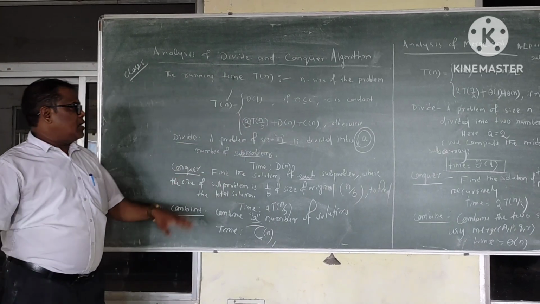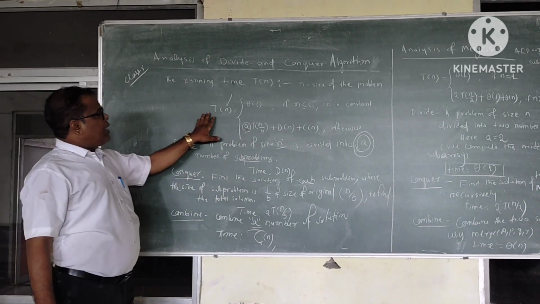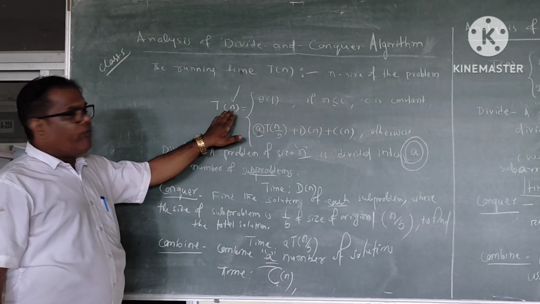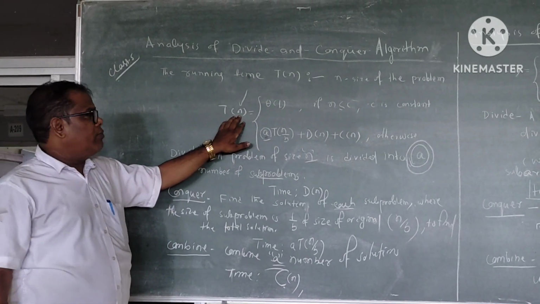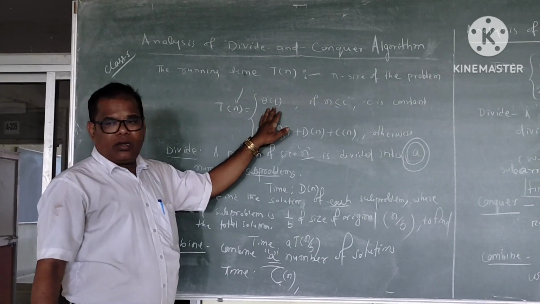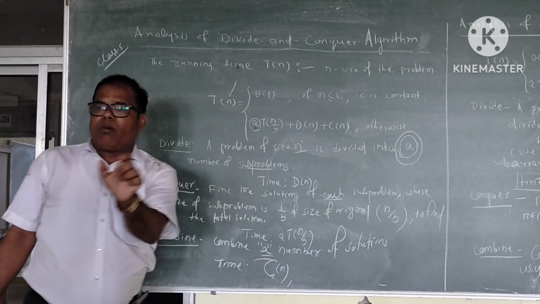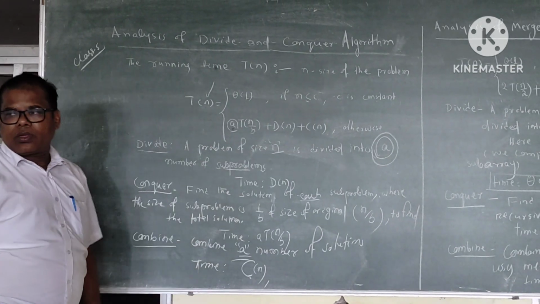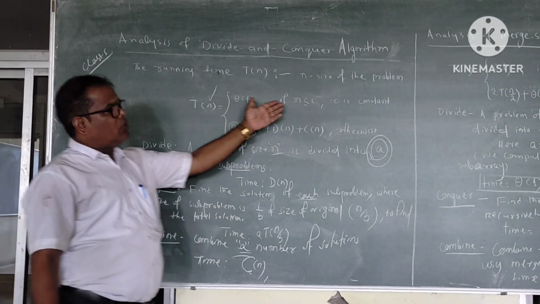I hope you understand. Now we can write an equation: T of n, the running time, is equal to theta of 1 if the problem size is less than or equal to some constant. In merge sort, this is n equal to 1.